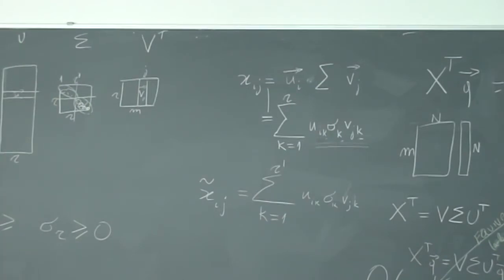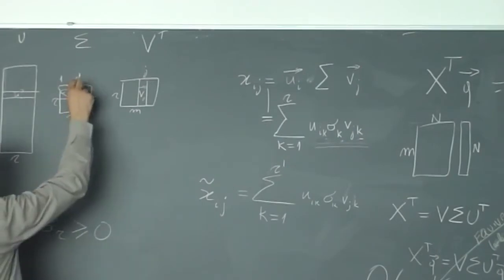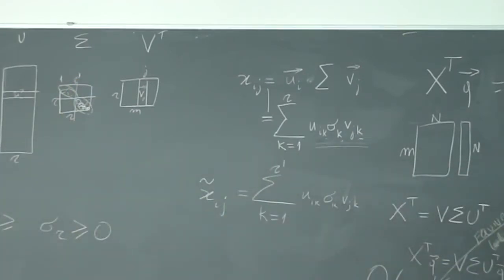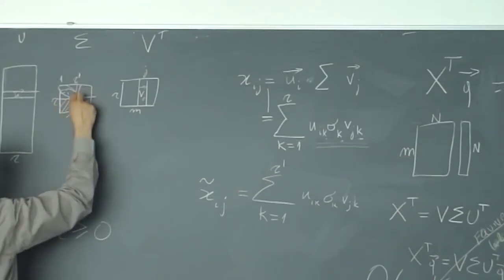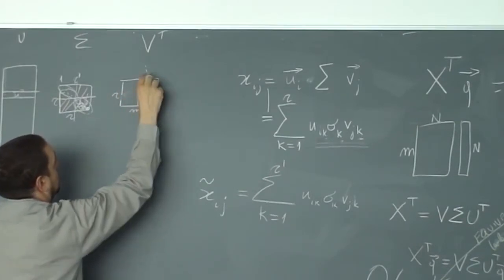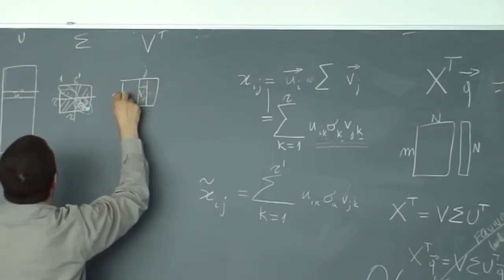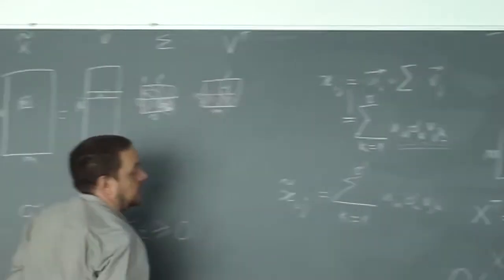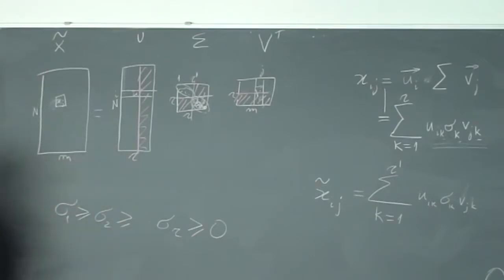The advantage that you get this way is that you are actually making these matrices even smaller. Because if you cut away the final values here by making zeros, you are actually removing the final rows from here and the final columns from here.